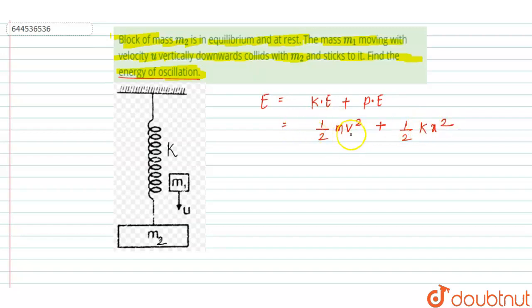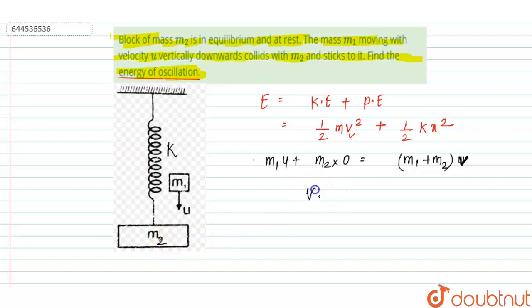Firstly, we have to find the value of the final velocity, applying the conservation of linear momentum. This is m1 into u plus m2 into 0, equal to m1 plus m2 into v. The final velocity for the combined system m1 plus m2 is v.